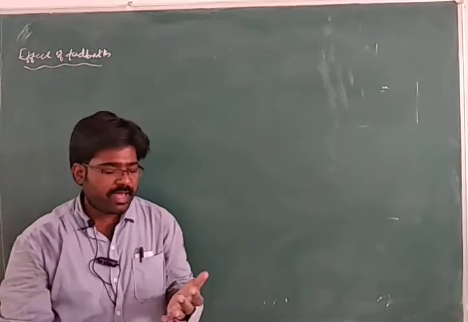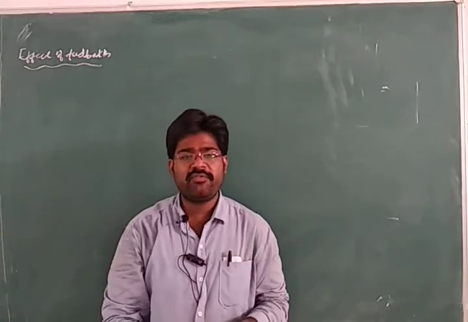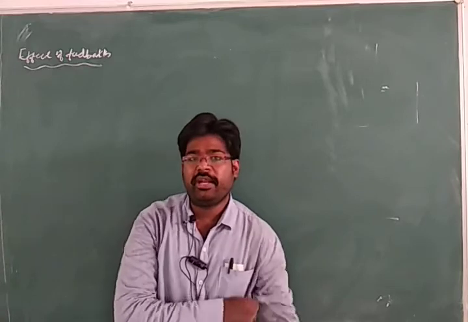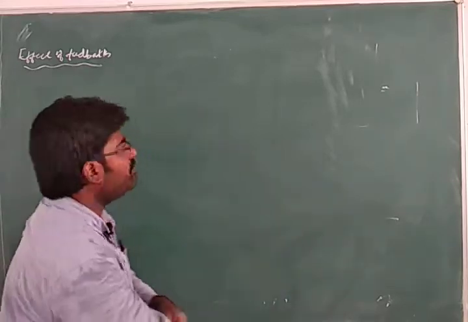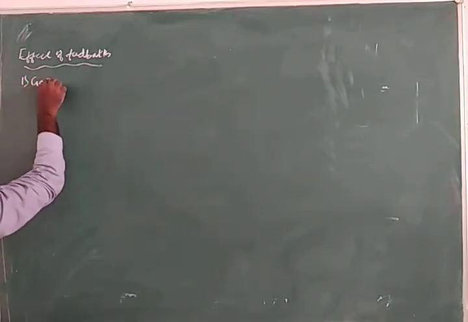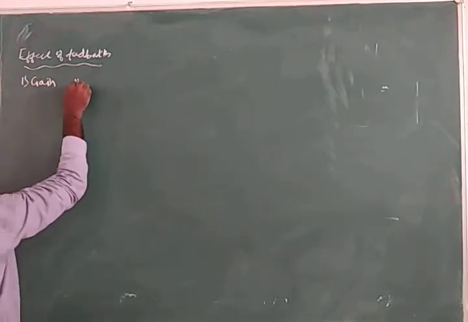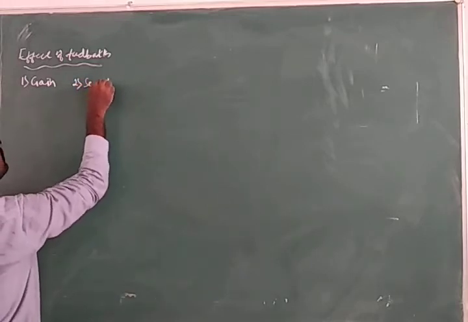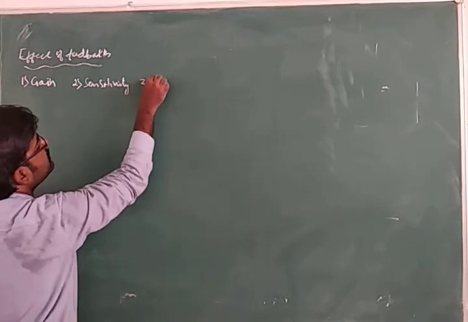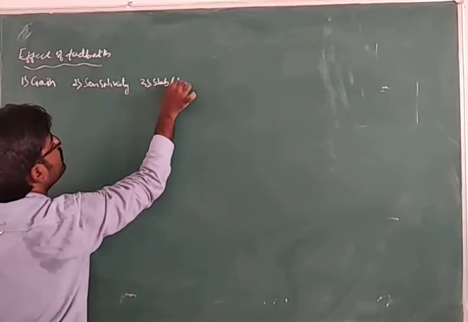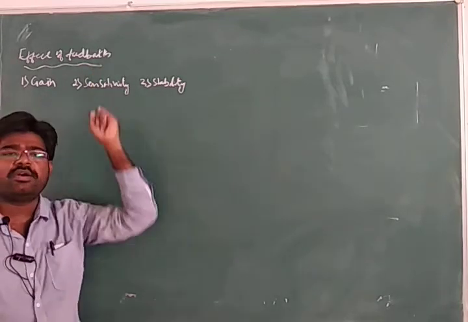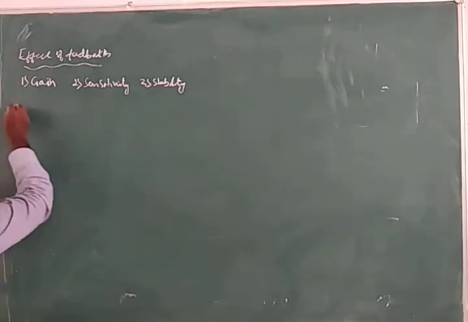Due to the presence of feedback, the gain of the system, the sensitivity of the system and the stability of the system are going to get affected. How are they going to get affected? See one by one. Gain, sensitivity and stability. These factors are going to be affected because of the feedback. How do they get affected?